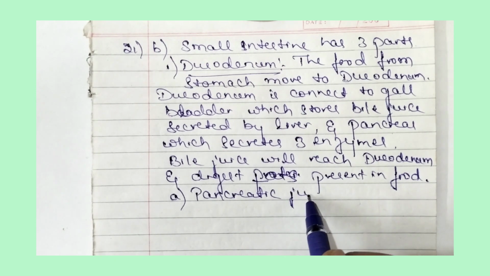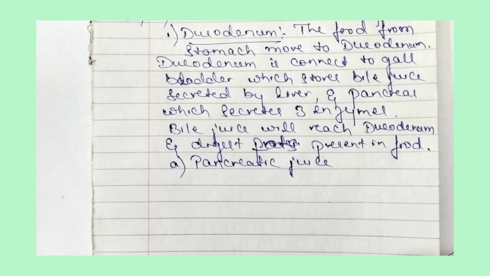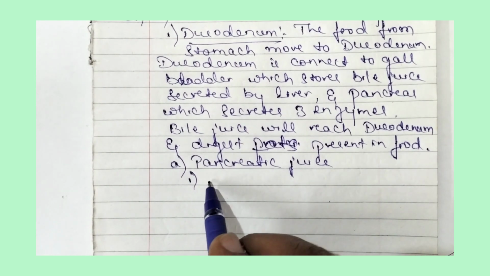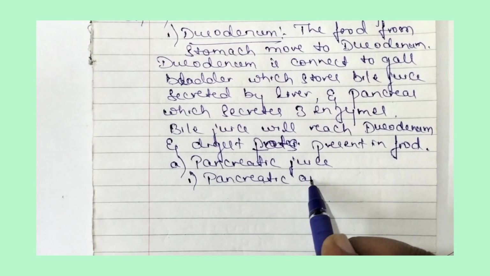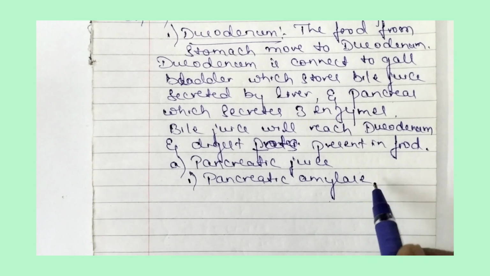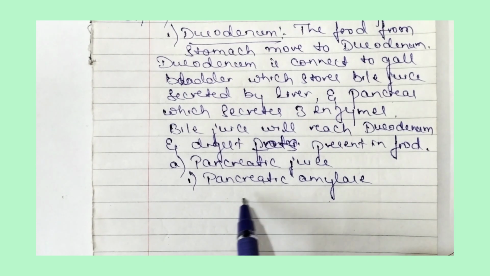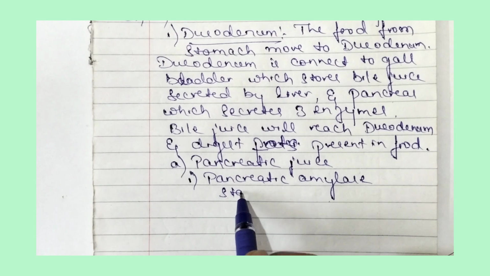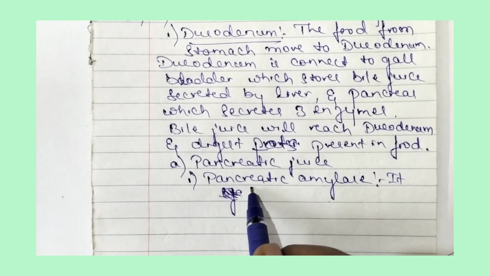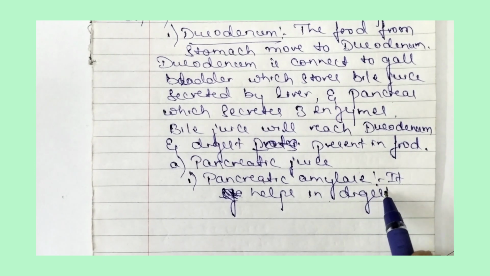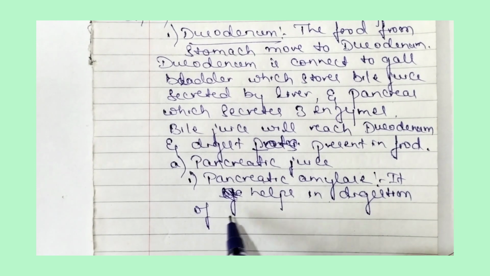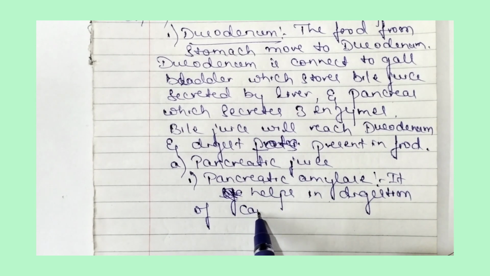That is, pancreatic juice will have three types of enzymes. The first enzyme is called pancreatic amylase. It helps in the digestion of carbohydrates.